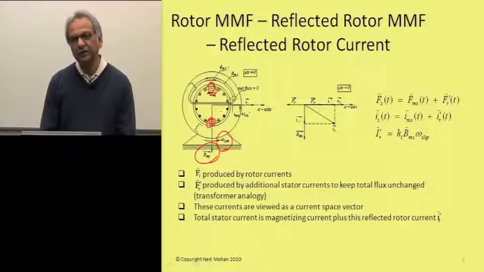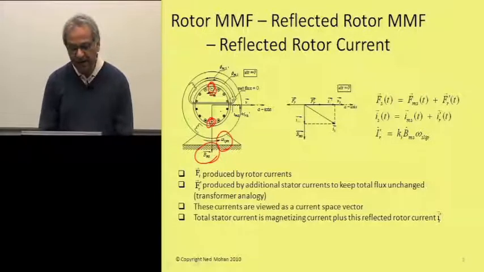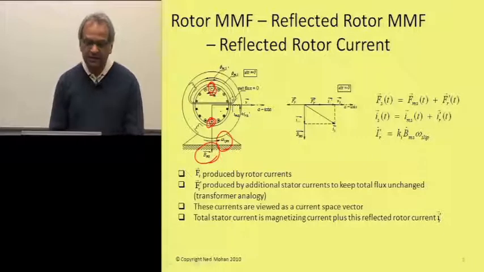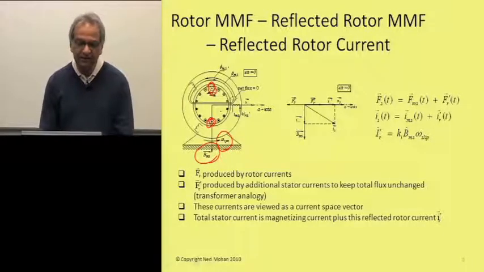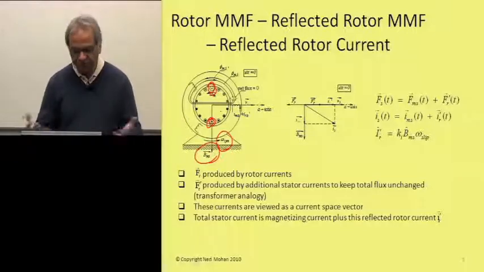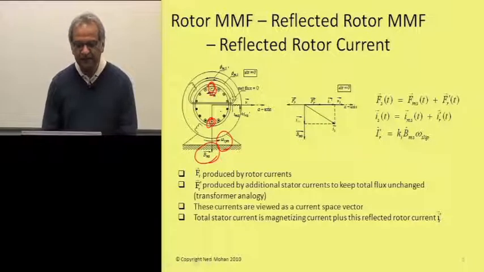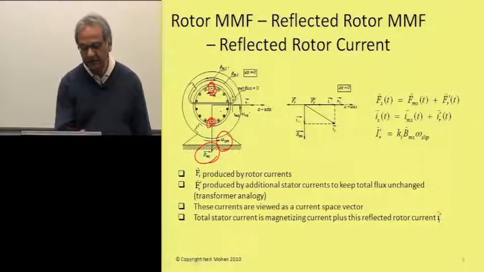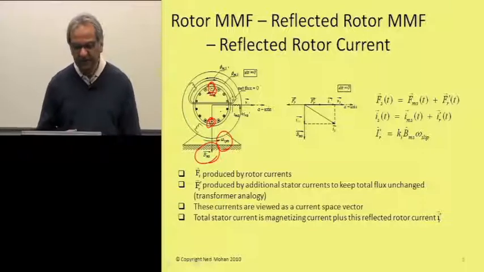Even though the rotor bar cross section in each of these bars is the same, these are drawn with different size circles to indicate that the rotor bar currents are different, and therefore we have this sinusoidal distribution of currents, which results in an MMF or flux, and we can apply space vectors because these are sinusoidally distributed.